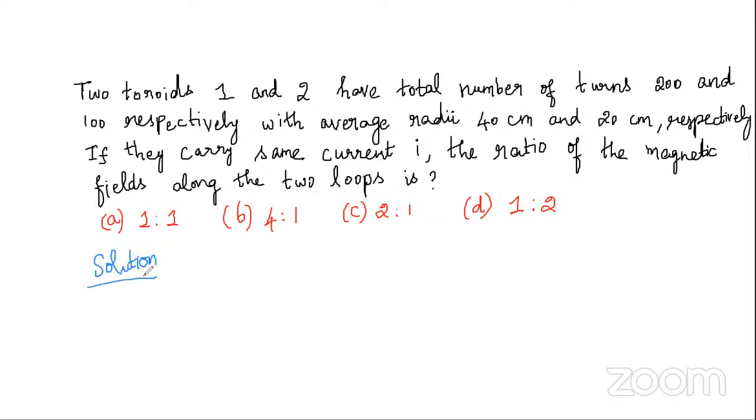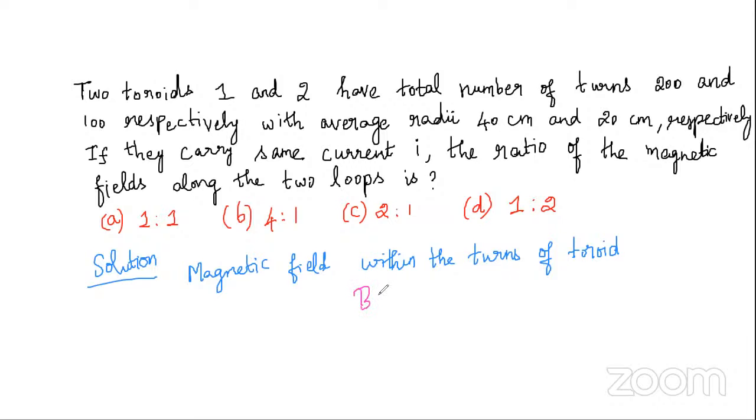Here is your solution. Magnetic field in terms of toroid is given by B equal to mu naught N I by 2 pi R. This is your equation, and for our case we have been given the number of turns in the two toroids and the average radii as well.